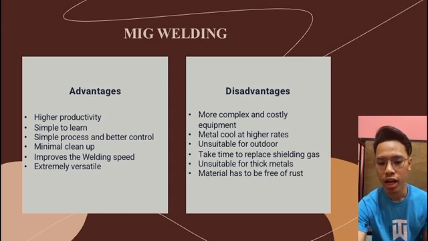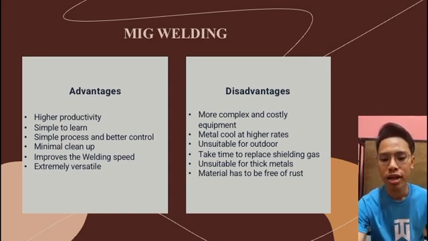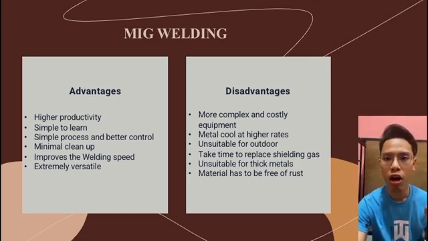Fourth, it has no slag to remove and minimal cleanup. Number five, it improves welding speed and overall control for industrial productivity. And last, it is extremely versatile and can weld a wide variety of metals.